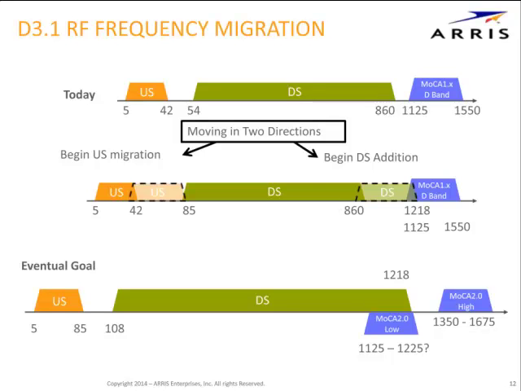And then a lot of people have MoCA deployed for whole home DVR and other services like that, up above a gigahertz. Now DOCSIS 3.1 moves in two directions.